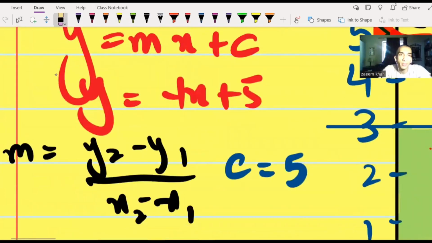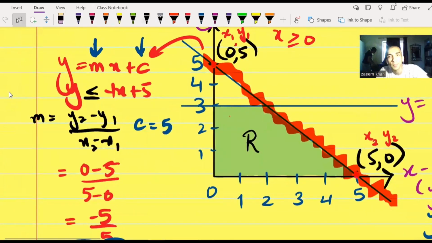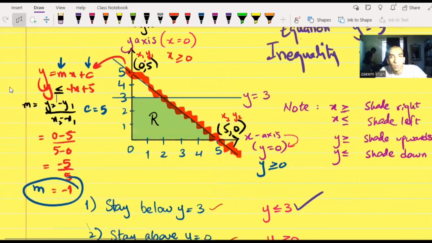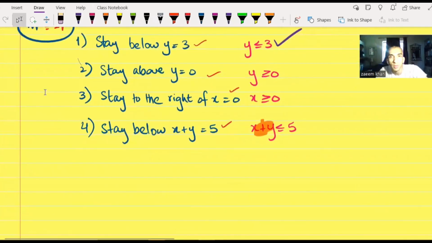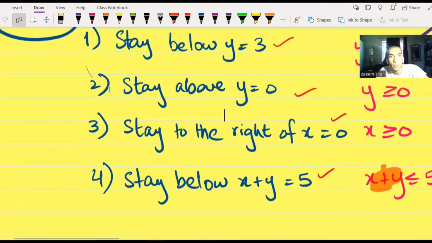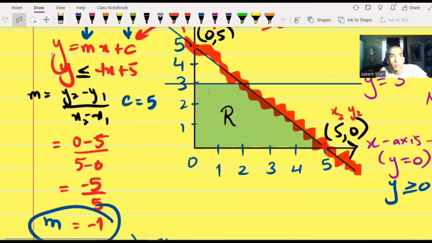I'm going to erase this, and instead of writing is equal to, I'm going to write less than or equal to. Does that make sense? All right, perfect. So let me bring that down over here.